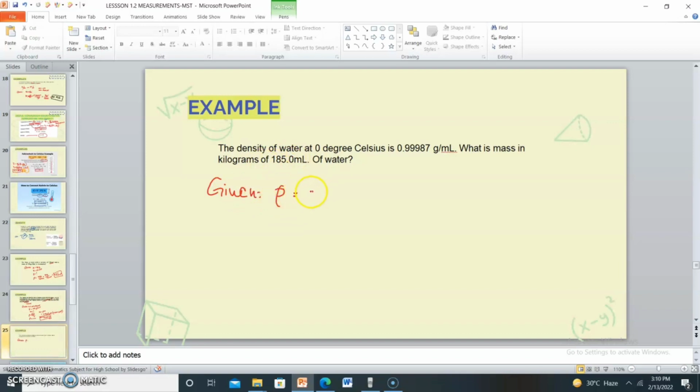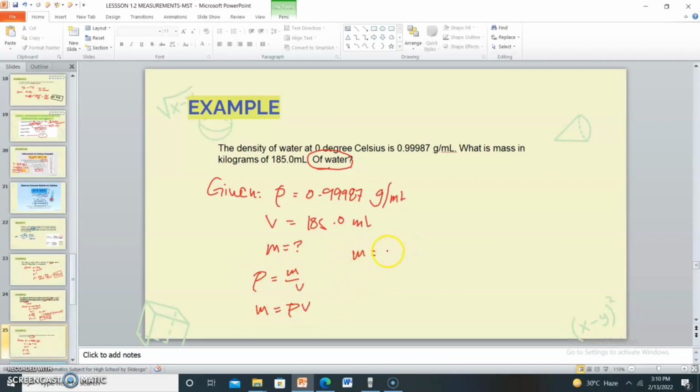The density is 0.99987 gram per ml, and the volume is 185 milliliter of water. So what is the weight or the mass? Same procedure. Density equals mass over volume, or mass equals density times volume.